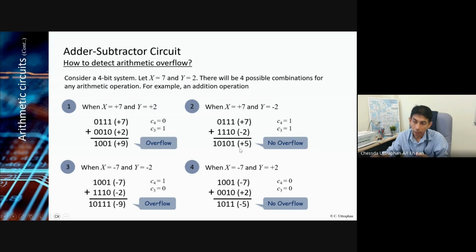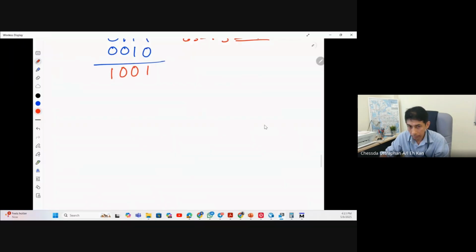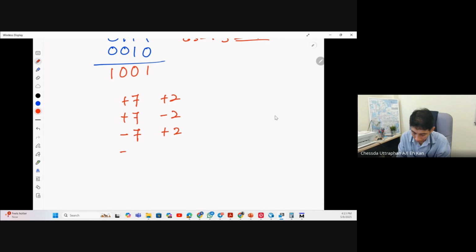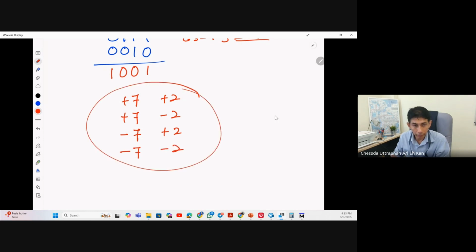So we check all the possibilities actually, because when you look at this, we have positive 7, positive 2. We have positive 7, negative 2. We have negative 7, positive 2. We have negative 7, negative 2. So these are the 4 possibilities that this number can be, right?